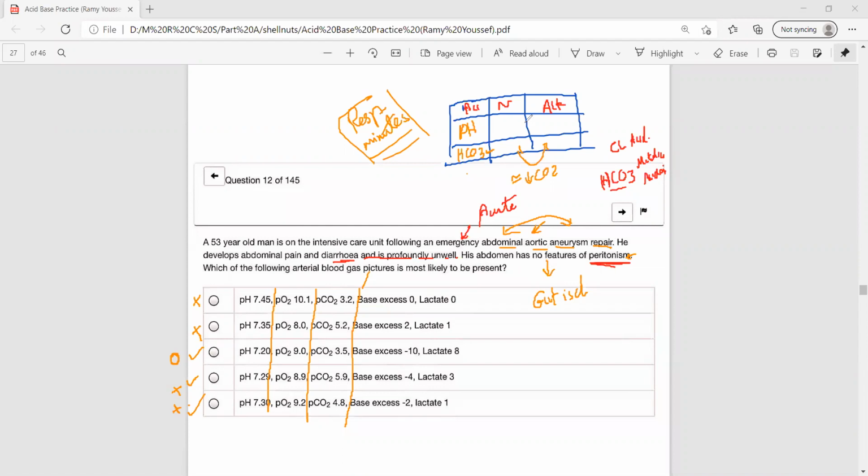No, a little bit far away. Gut ischemia is very common. In repair of the aorta, when you put the graft inside, sometimes it blocks or causes thrombosis in the main vessels, mostly the superior mesenteric, inferior mesenteric, or sometimes the artery of Adamkiewicz.